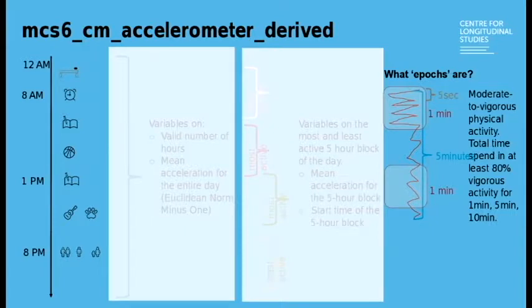For this reason, the last set of variables helps you to select on different criteria of vigorous activity. So vigorous activity is calculated based on whether there is enough acceleration for at least 80% of that period of time. However, the period of time matters.